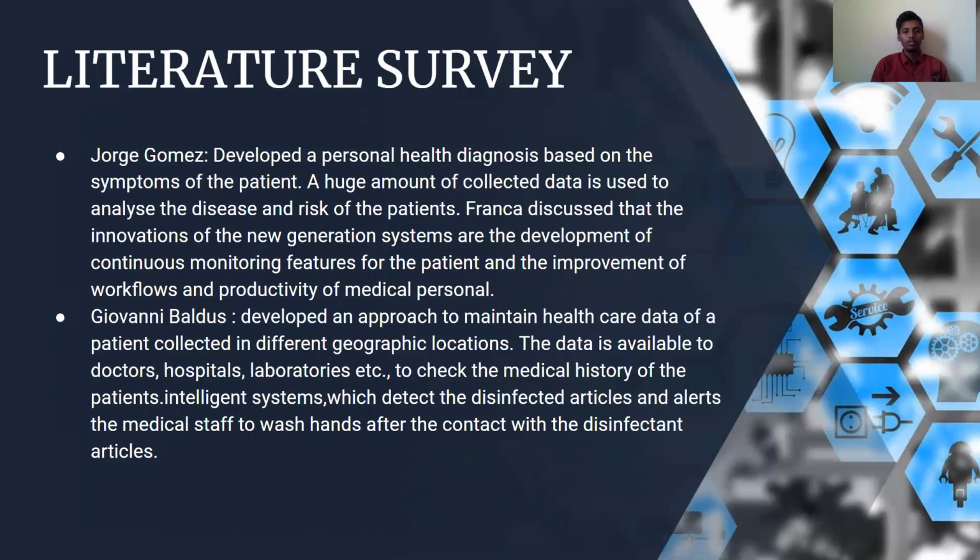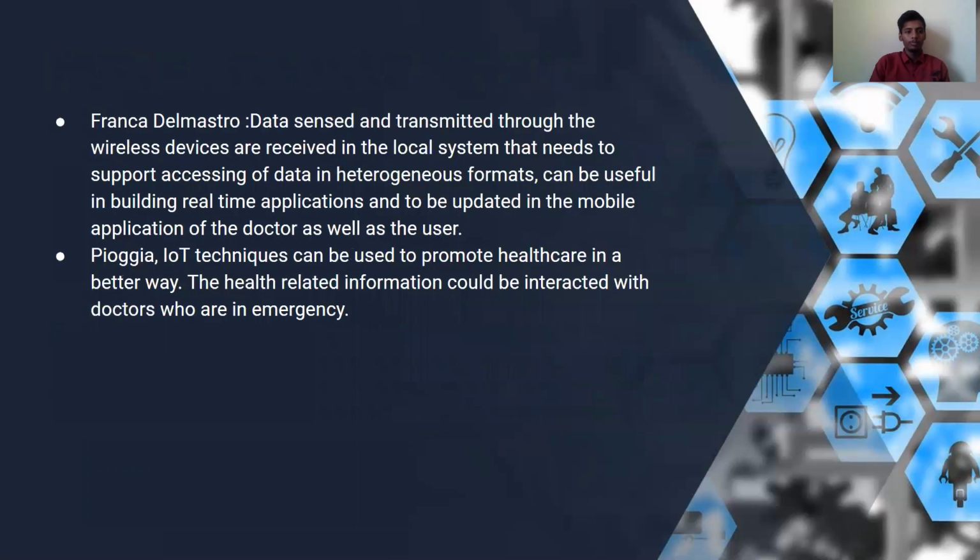The next one is to identify patients' data in different geographical locations, and to maintain a record which is sent to the doctors, hospitals and laboratories. Once it is sent, the medical history of the patient is stored, and once the patient arrives, his medical history is checked, and he can be treated along with the process.